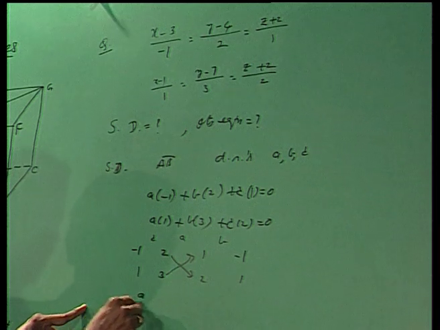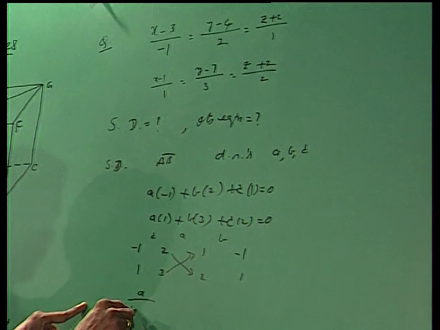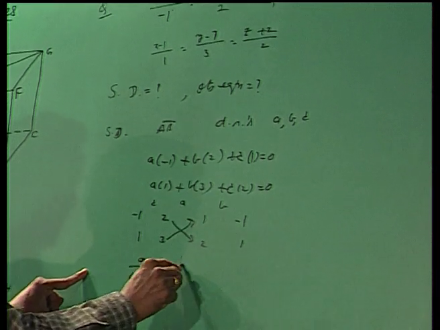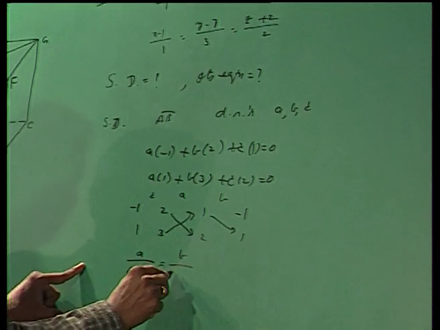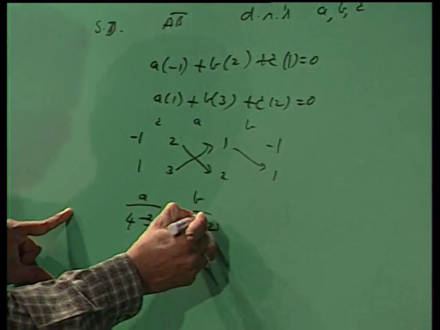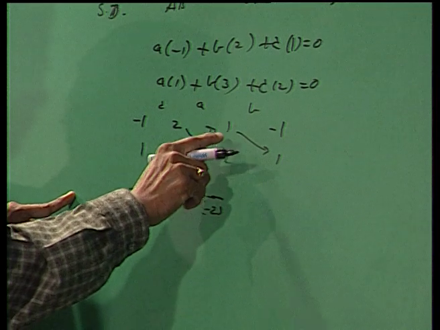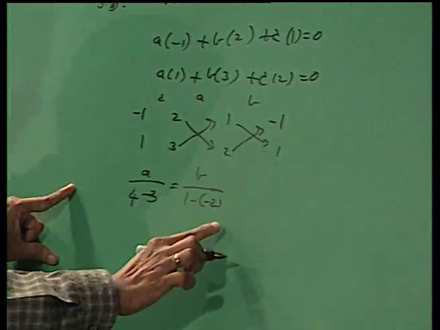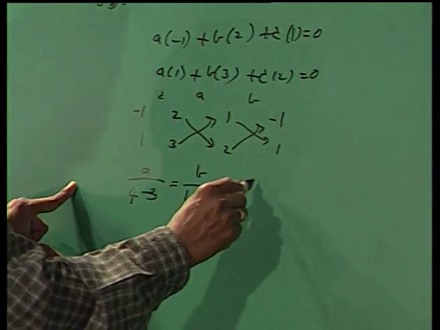We have a by 2 into 2 is 4 minus 3 into 1 is 3 is equal to b by multiply 1 by 1 is 1, then multiply 2 by minus 1 is minus 2 and subtract the latter one, that is 1 into 1 is 1 minus 2 into minus 1 is minus 2. Similarly, do it for c.